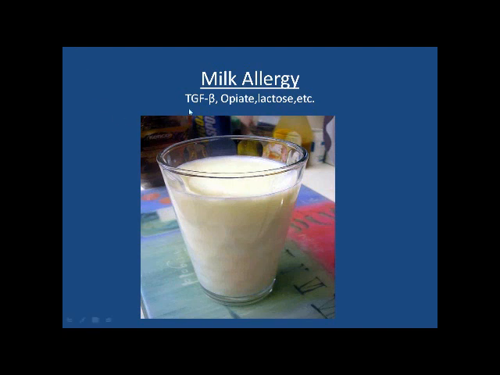Another interesting point is that TGF-beta is in fairly high amounts in mother's milk, and we know that really helps to establish T regulatory cells in the gut. The question I would ask, and I don't know if anyone's answered this, is that when we pasteurize milk, do we destroy this TGF-beta? So, interesting thing to consider.